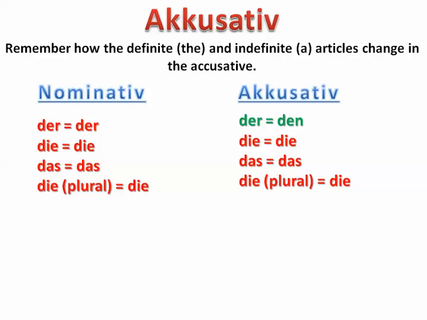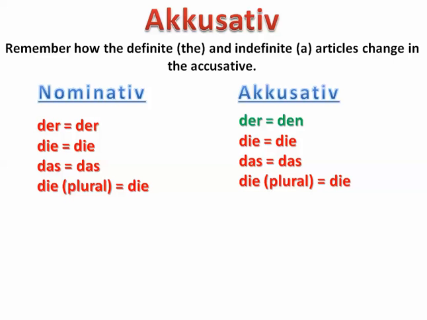So in German they have three ways to say the, or three genders for nouns. You have the masculine gender, or der. You have the feminine gender, or die, the neuter, das, and then the plural, which in German is also die. Now, when used in the accusative, these definite articles will change.